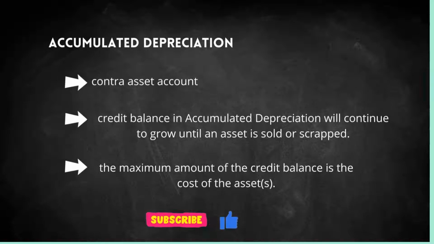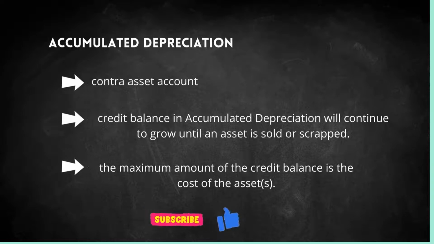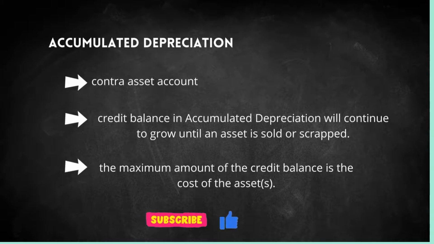The credit balance in accumulated depreciation will continue to grow until an asset is sold or scrapped. However, the maximum amount of the credit balance is the cost of the asset. So, for example, if you have a $50,000 cost of a vehicle, your maximum amount of the credit balance must not exceed $50,000.